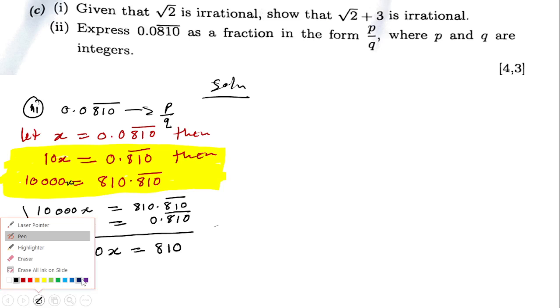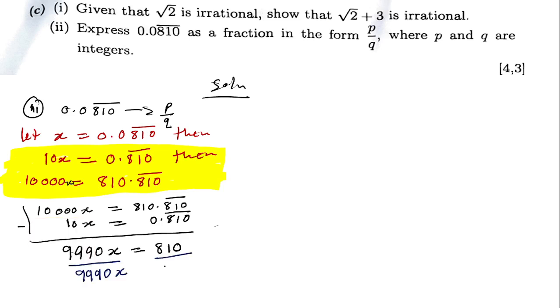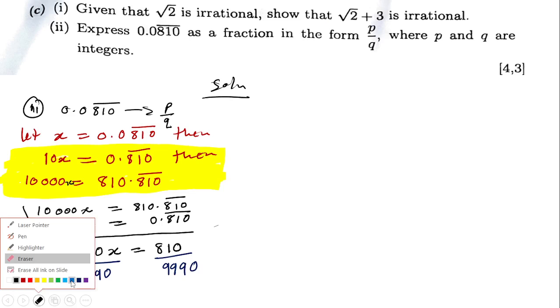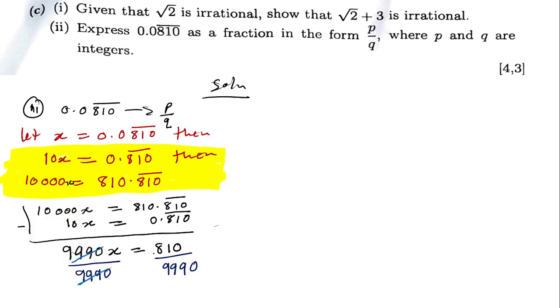Then from there you divide throughout by 9,990, not with x, just the number there. So when you do that, this one and that one will go.